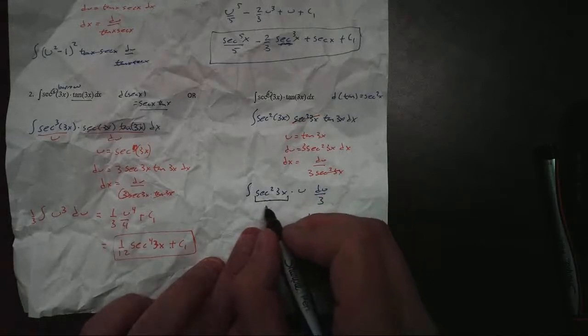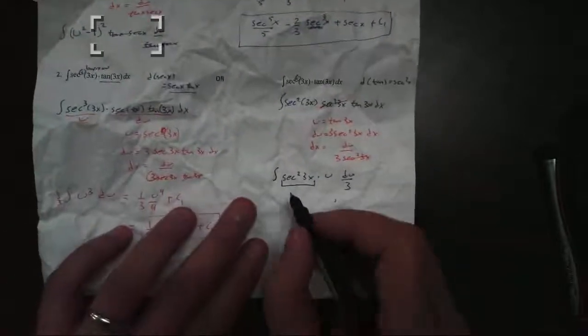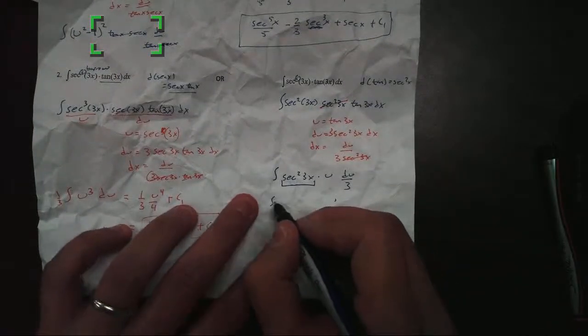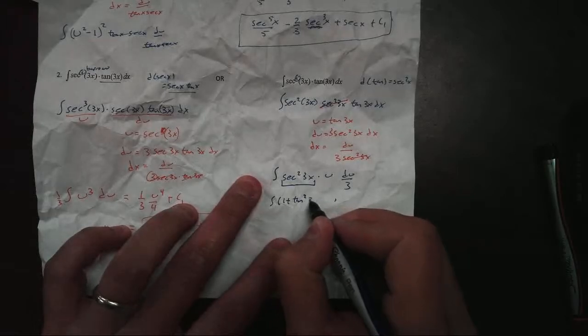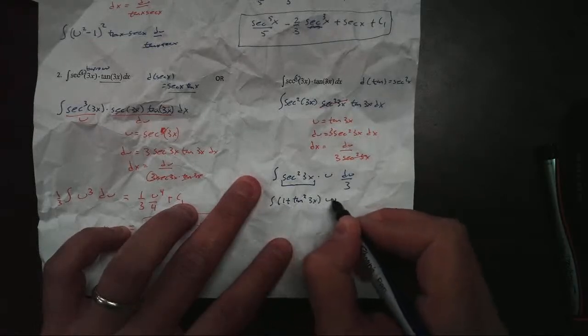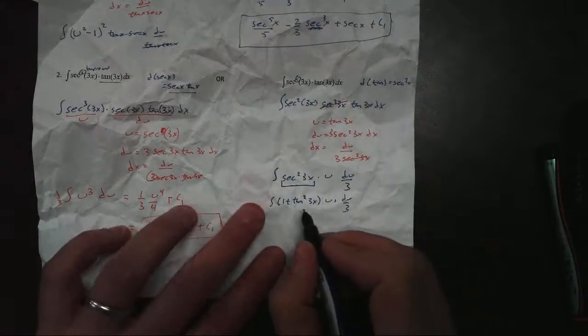Remember, I could rewrite secant squared of x. Go all the way up here to the top. Secant squared of x is just 1 plus tangent squared. So I'm going to rewrite this as 1 plus tangent squared of 3x times u du over 3. Now, why on earth would I do that?